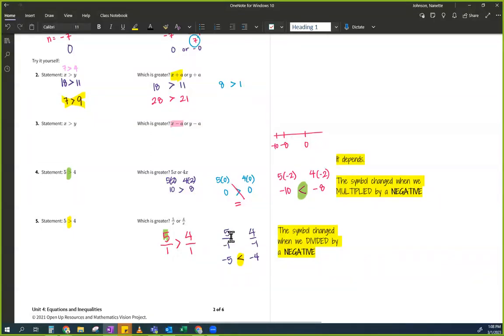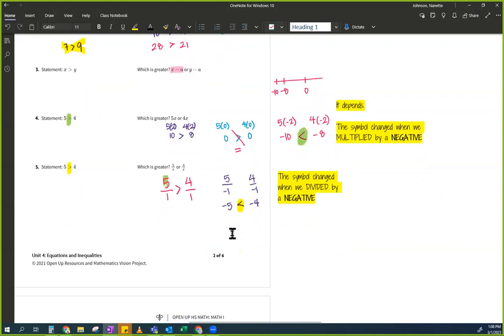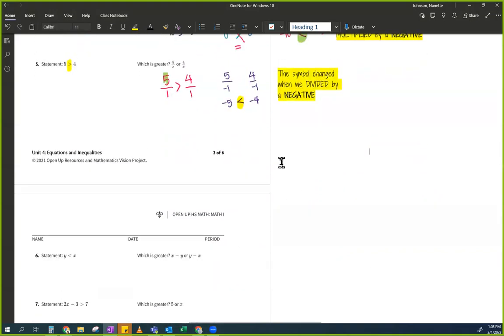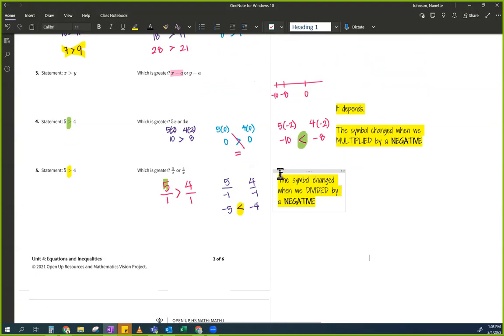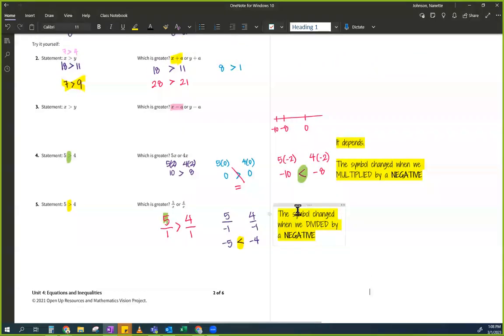Y'all got some funny expressions sometimes. You have beautiful faces and funny expressions. Okay, so say it again, Miss Johnson: adding doesn't change it, subtracting doesn't change it, multiplying does, and dividing does. Got it?